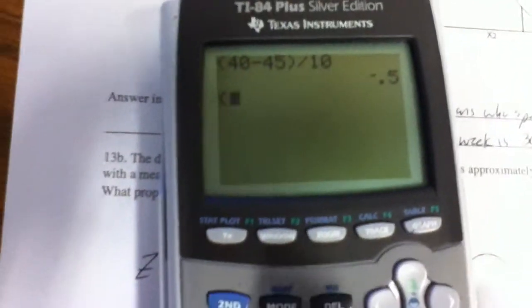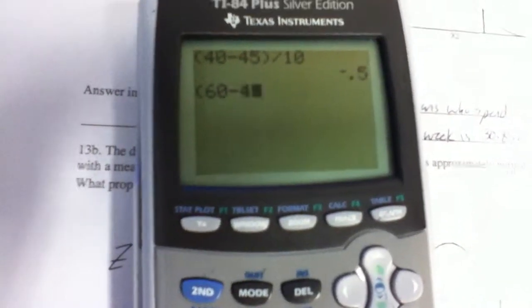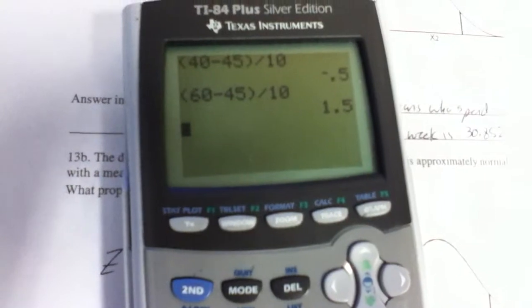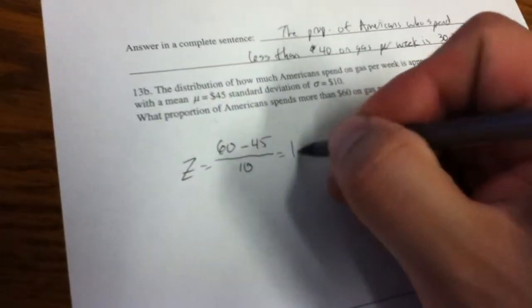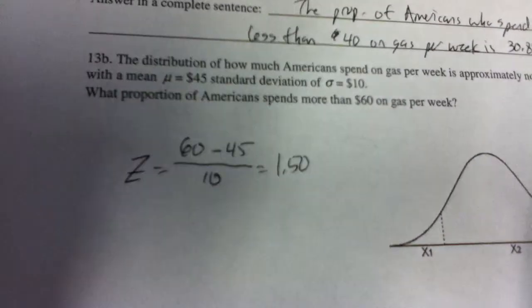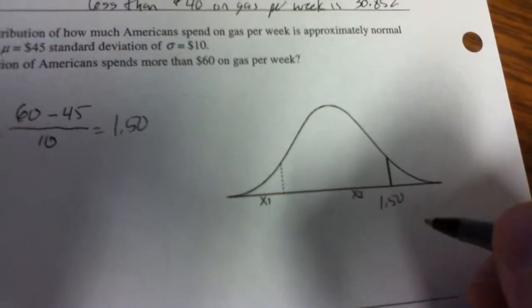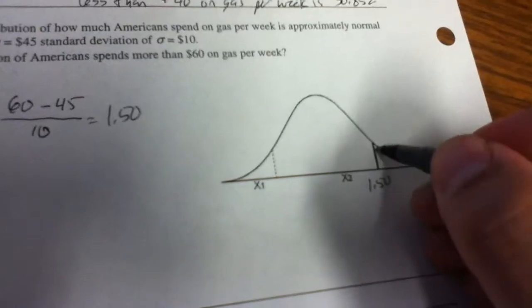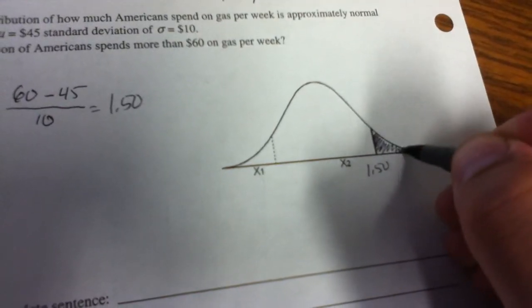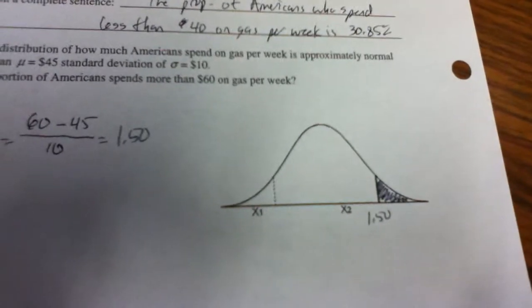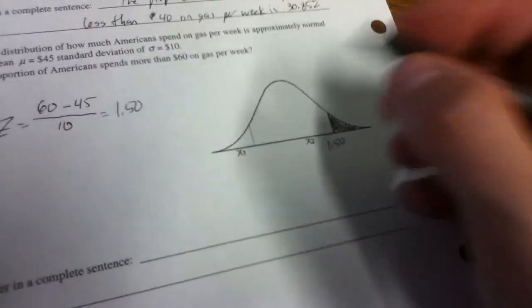It's parenthesis 60 minus 45 divided by 10, which gives us positive 1.5, which we'll write as 1.50. So on the positive side, 1.50. And this time we're looking for more than, so we shade more than.